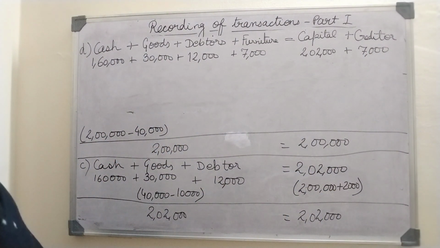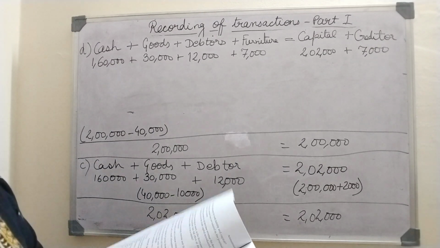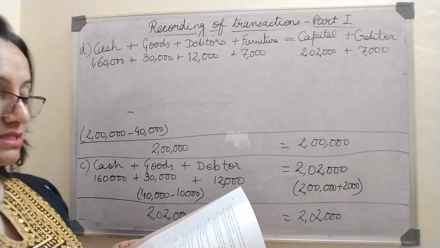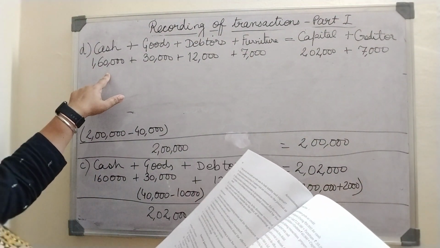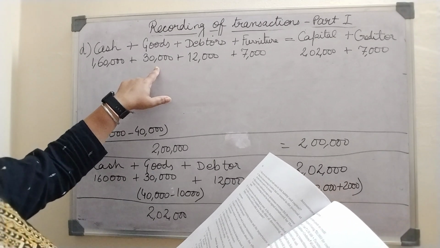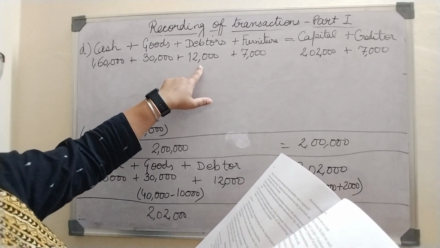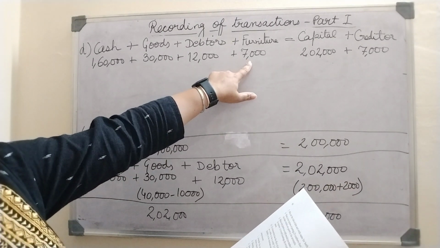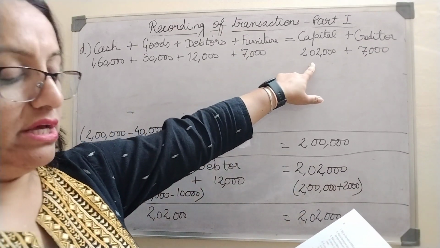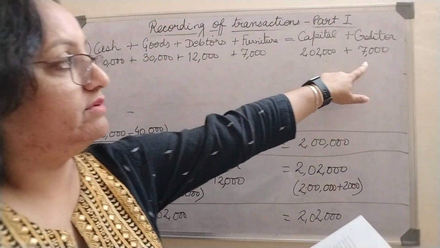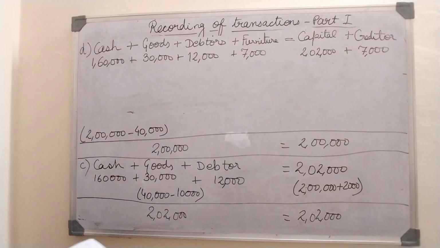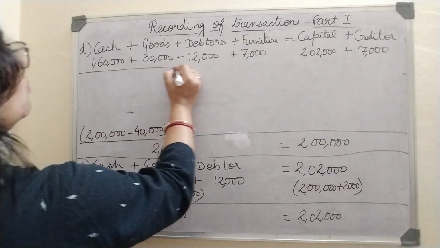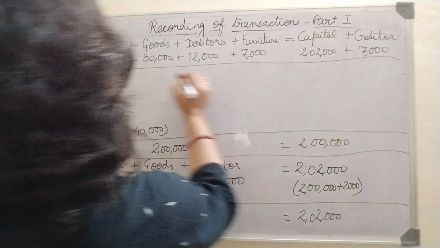You can see the solution which is given to you in the book. Now we are at the same place. See the bracket? Asset includes what? Cash 1,60,000, goods 30,000, debtors 12,000, furniture 7,000. Over here liabilities is 7,000 plus capital 2,02,000. So the total of both the sides you get 2,09,000.